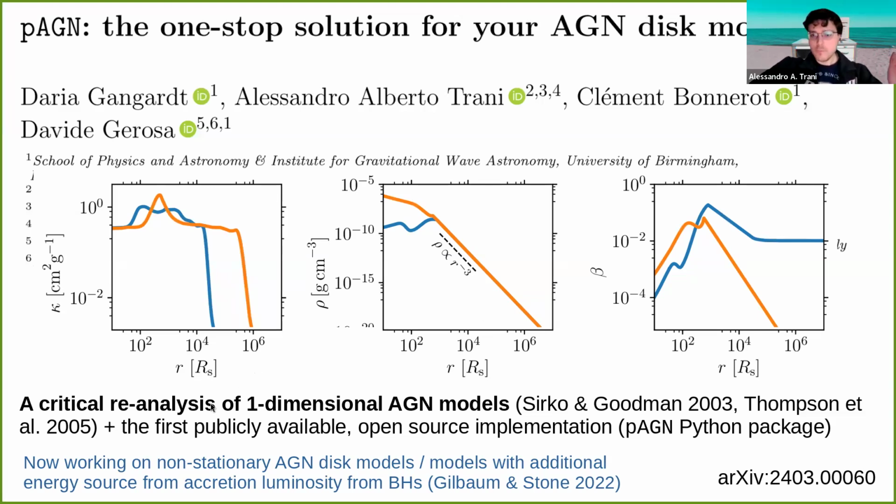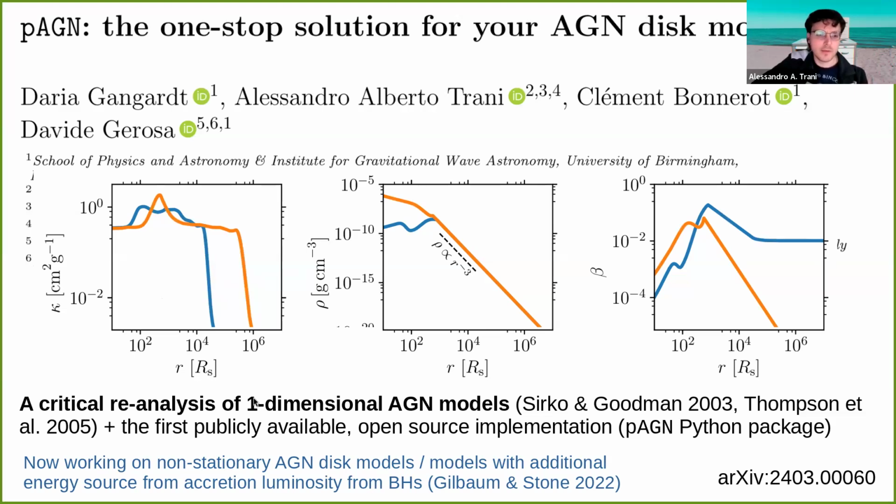And so we put out this work on AGN disk models, which are now used to model and to know the structure of the disk. This was actually the first open source implementation that we published, with a Python package. And now I'm working with collaborators on improving these models.